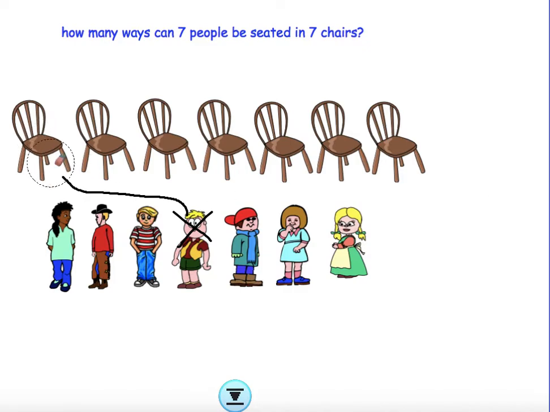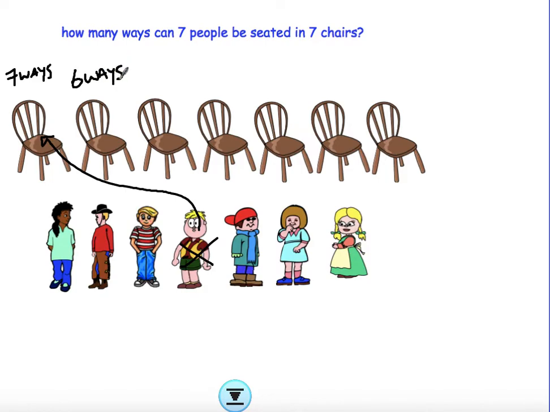From the beginning, before he chose that spot, how many ways could this chair be filled? There would be 7 ways. Any one of these 7 people could sit in that chair. Then when this kid sits there, that seat's taken. Now, how many ways can this seat be filled? Well, there are 6 people left, so there's 6 ways that this chair could be filled.